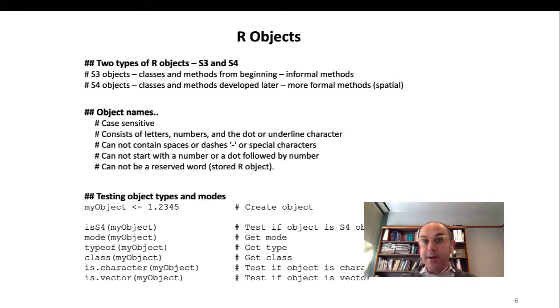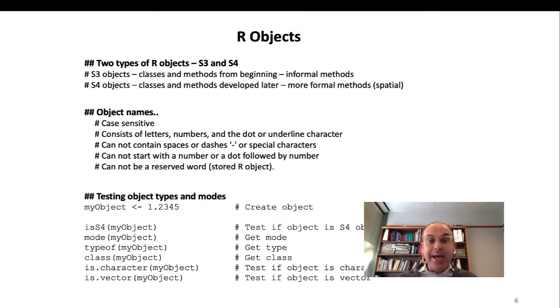It's informal methods. S4, in comparison, was developed later and has more formal methods, and that's why a lot of people started to use S4 as a cover for their methodology or the model they are using.